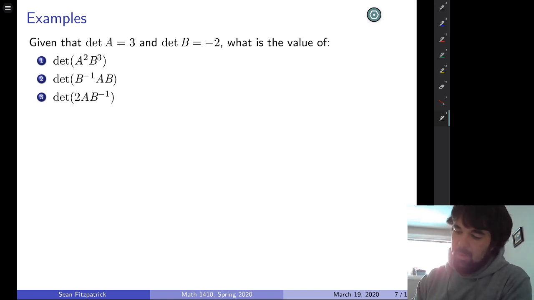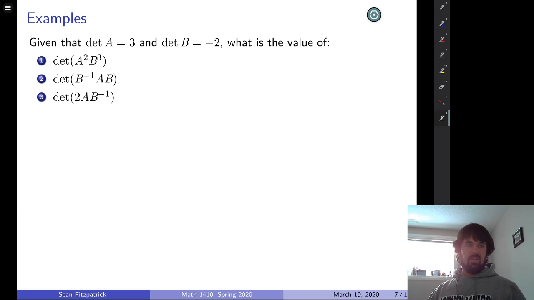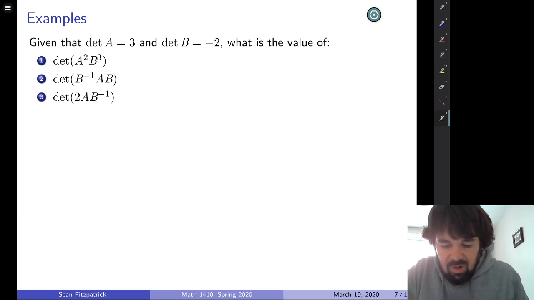So here's a typical kind of basic computational problem. You're told that the determinant of A is 3, the determinant of B is -2, and you're asked for these values. The wrong thing to do here is to try to reverse engineer; you don't want to bother coming up with a matrix A that has a determinant of 3 and a matrix B that has -2.